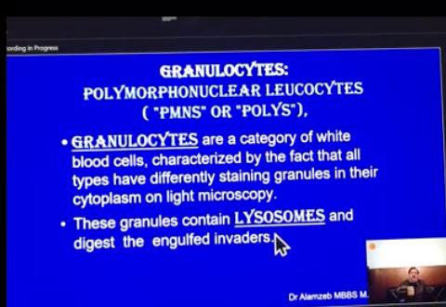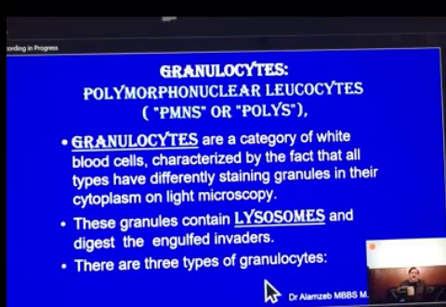In the granulocyte, an enzyme called lysosome is present, and when any WBC engulfs or phagocytoses the bacteria, then the lysosome is released from the granules and it attacks the organism, digests it and kills it.